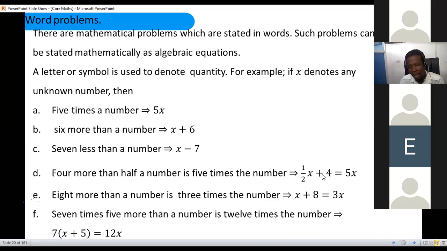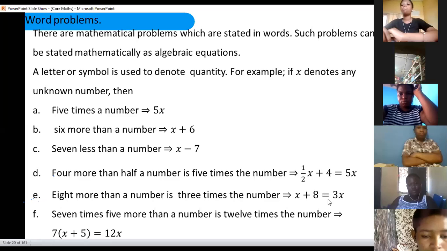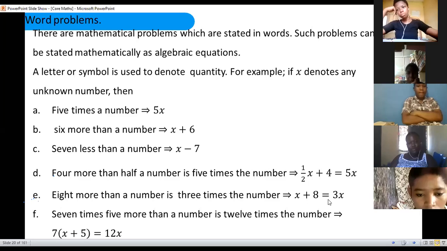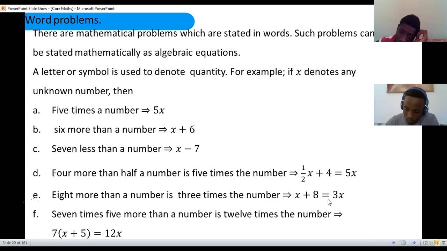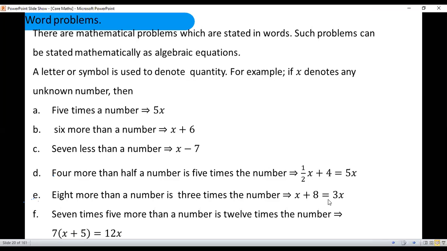So 1 over 2x plus 4 is equal to 5x. Please, if you still have problem, raise your hand and ask question before we proceed. Okay, I assume we are all okay with that.